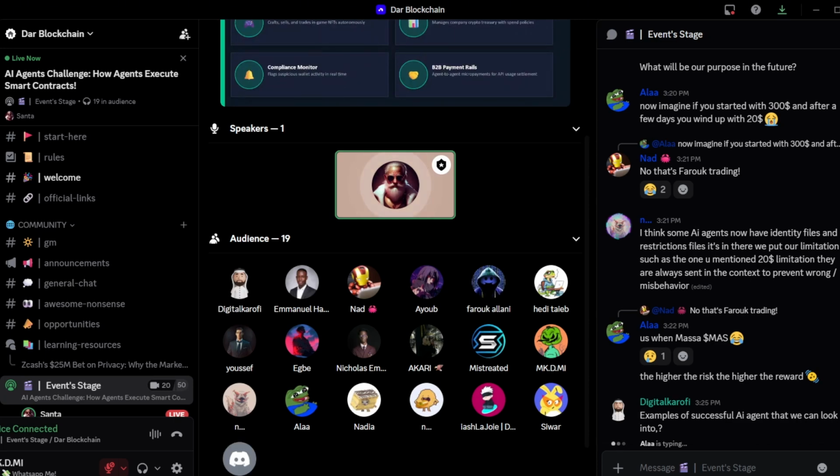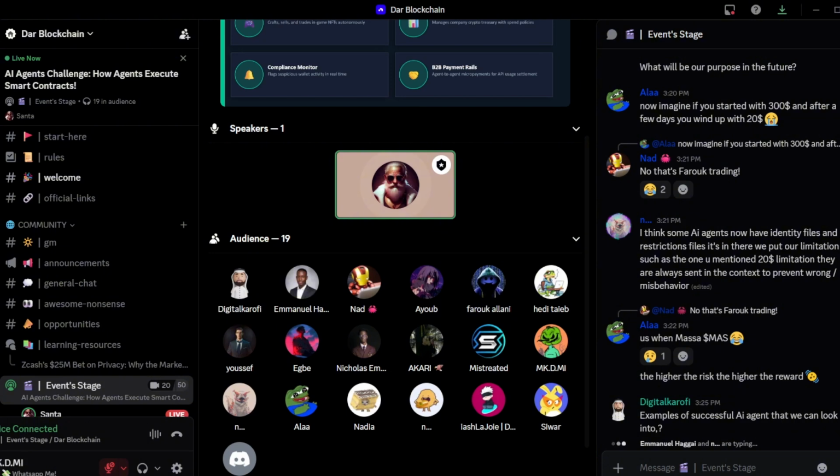Example of a successful AI agent that we can look into? There are a lot. Let me list them, just a second. There are a lot, by the way. I think there is Octopus. It's an AI agent wallet, or agentic wallet.